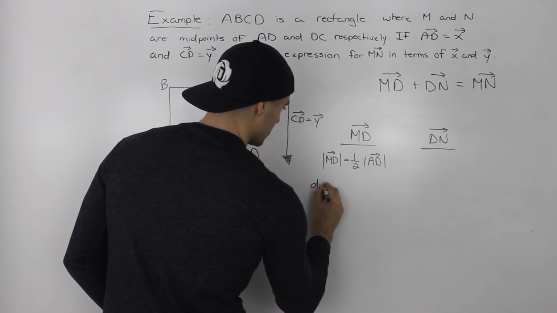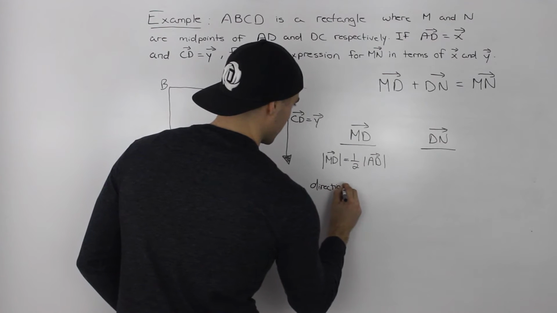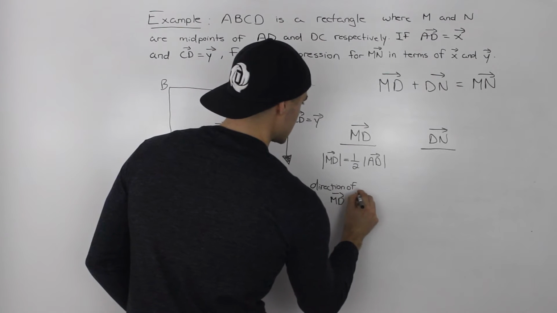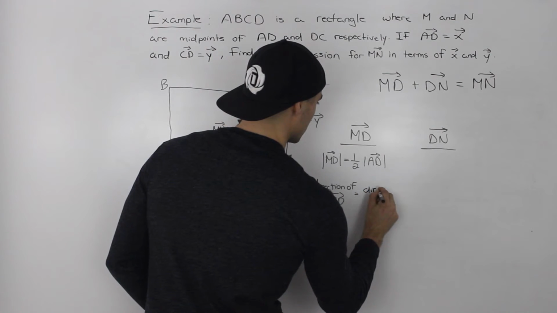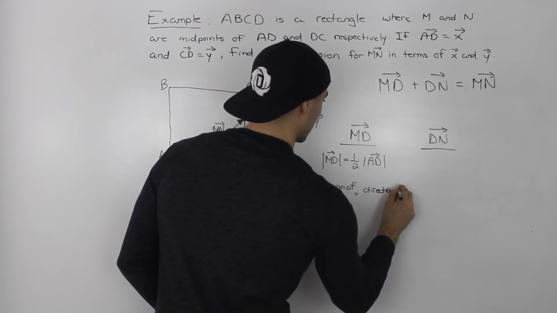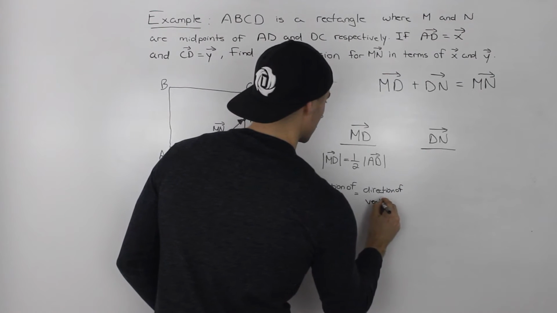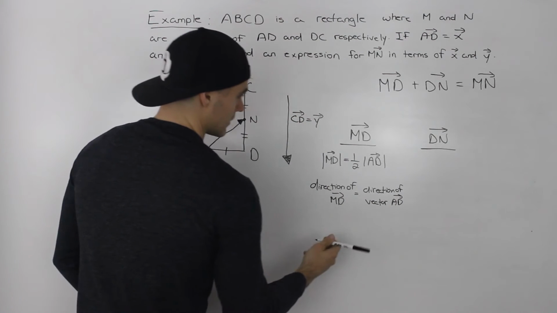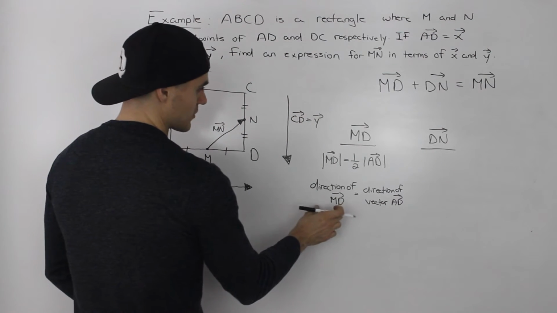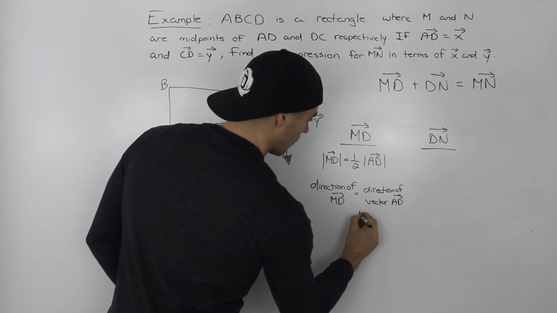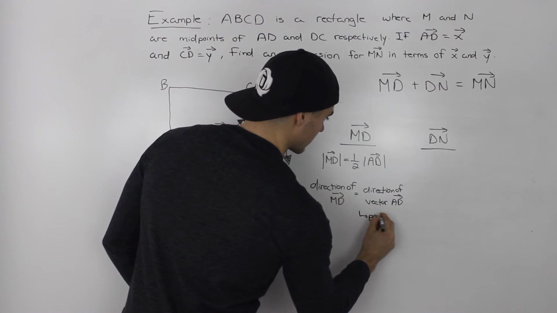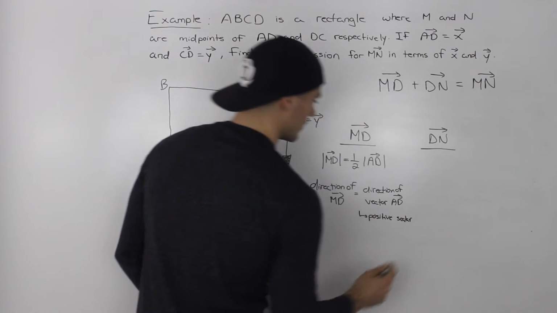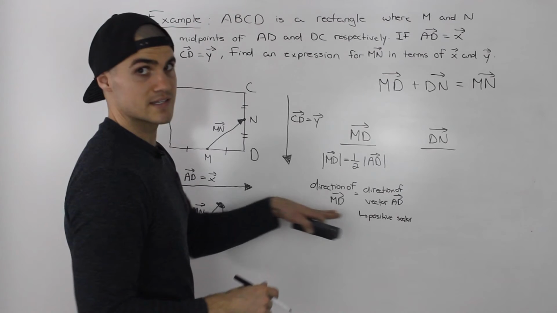That means when we want an expression for MD in terms of AD, we multiply it by a positive scalar, because it's going in the same direction.